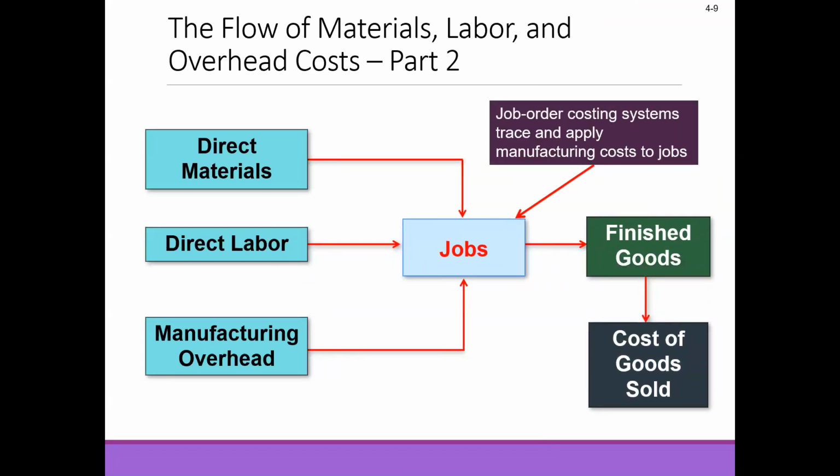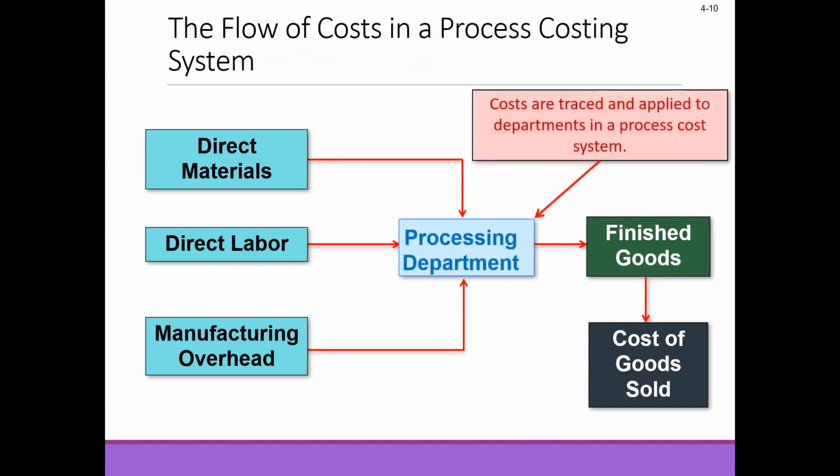Now, with a job order costing system, we take the direct materials, direct labor, and manufacturing overhead, and we apply them to various jobs, ultimately then into finished goods and cost of goods sold. But with process costing, we're going to trace these costs into processing departments, as you saw on that slide.